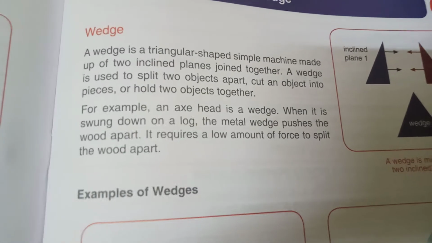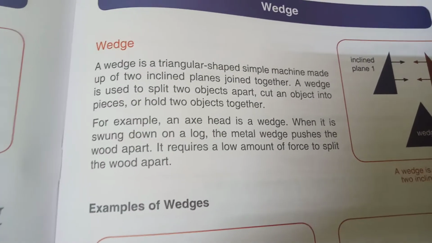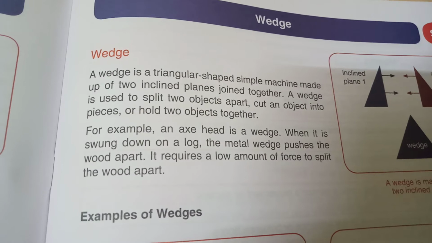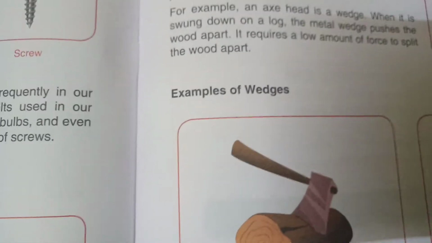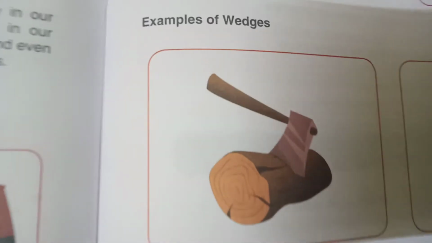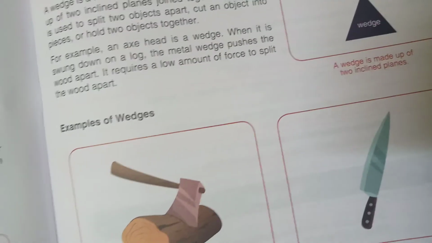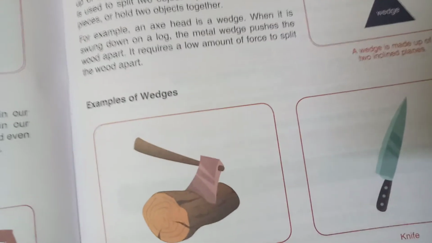Axe is a wedge. When it is swung around on a log, the metal wedge pushes the wood apart. This is the axe. It is a wedge. Knife. So it allows a low amount of force to split the wood apart. That is called wedge.